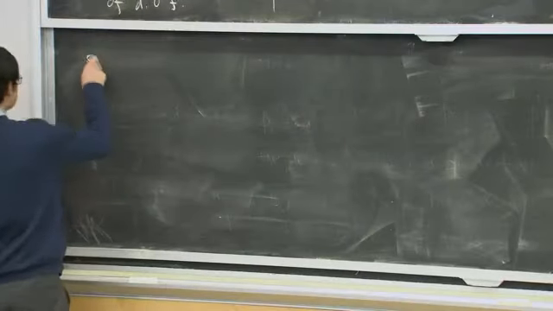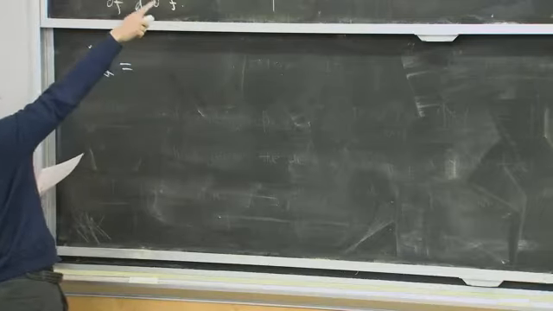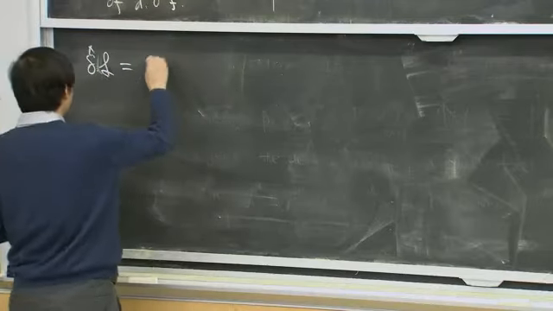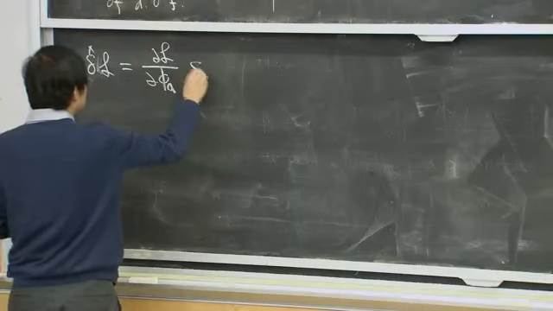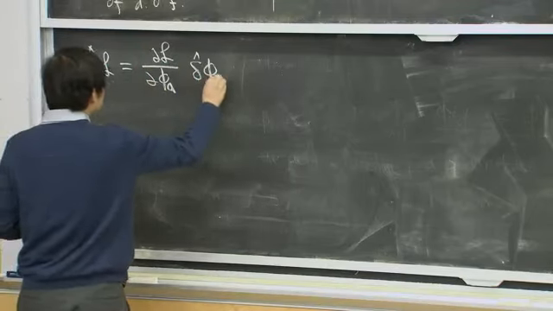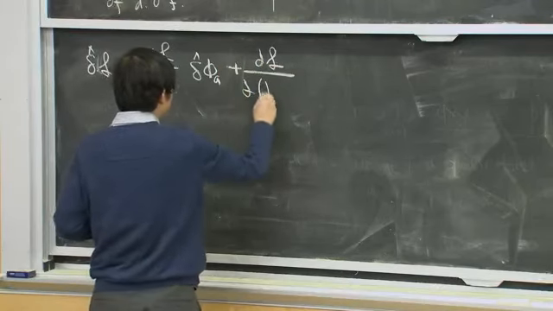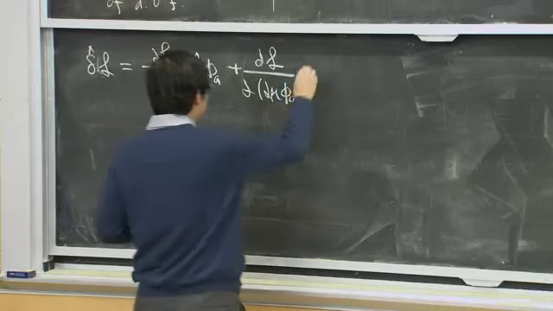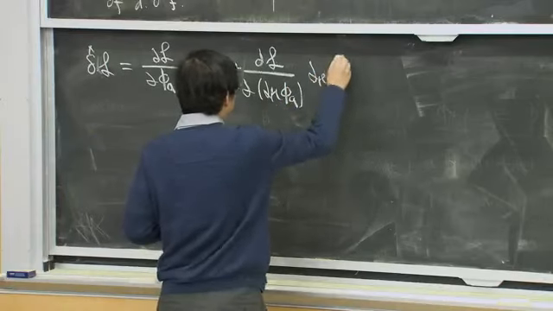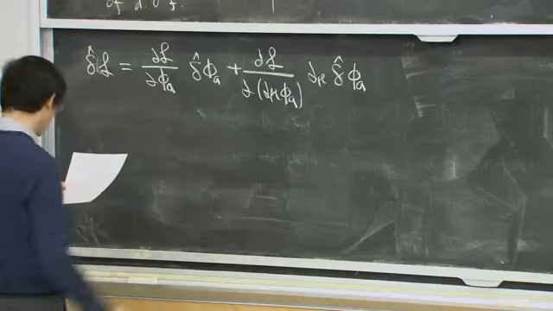So delta hat L: because L is just a function of phi, we have partial L over partial phi A times delta hat phi A, plus partial L over partial mu phi A times partial mu delta hat phi A. So we just did the variation.